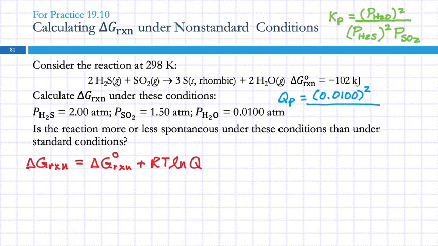Divided by H2S, 2.00, also squared, and the SO2, 1.50. So Q is 1.67 times 10 to the minus 5.